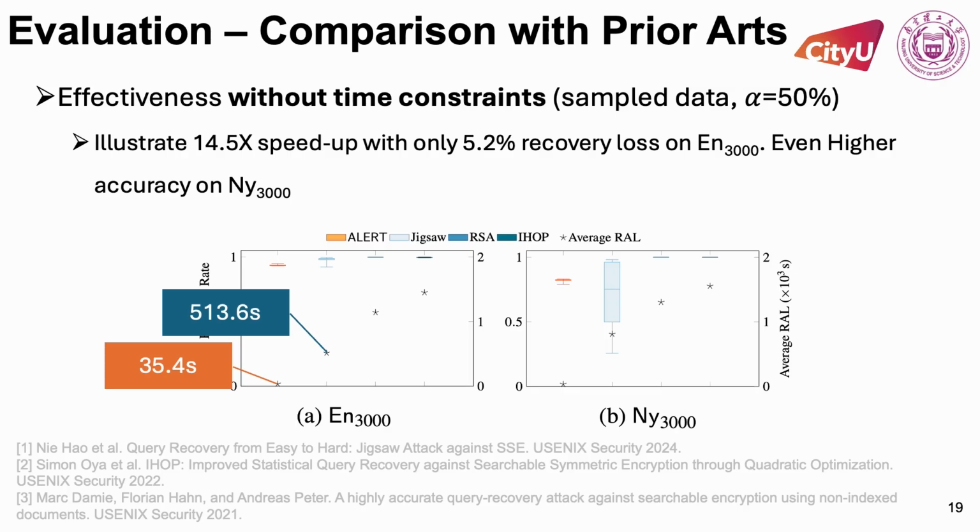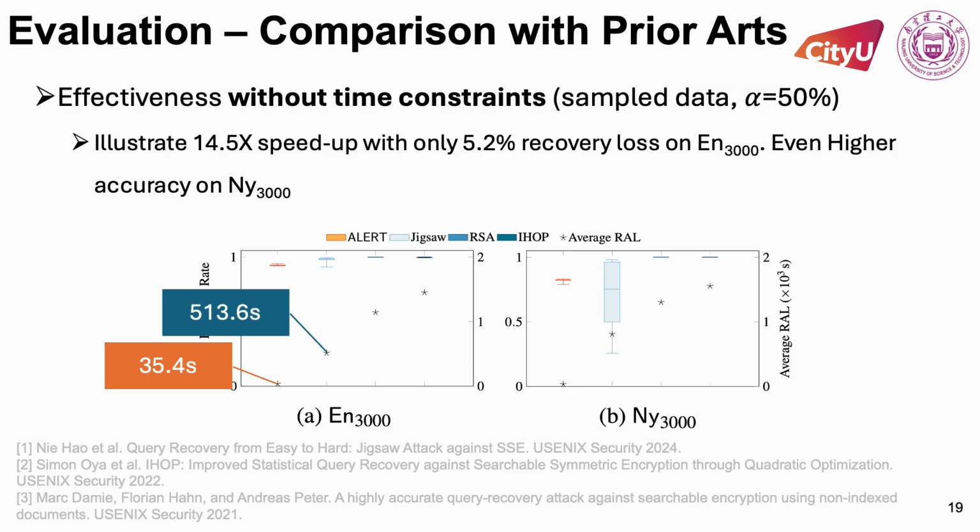Our evaluation results demonstrate the effectiveness of ALERT. We compare ALERT with three state-of-the-art LA approaches, Jigsaw, IHOP, and RSA, all of which have been published in USENIX Security. We selected these baselines based on their query recovery performance and system efficiency.